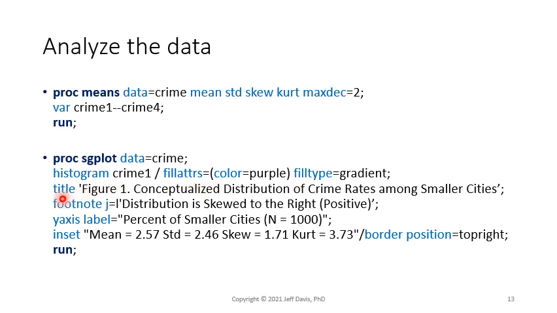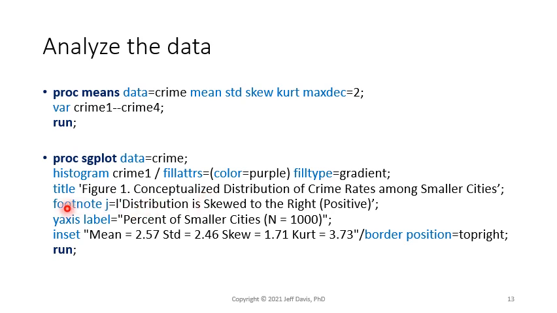And then for the title, I have Figure 1, conceptualized distribution of crime rates among smaller cities. Since I have this title, I didn't put more specific information in my variable labels, because the person will be able to read this title and know exactly what's being shown.